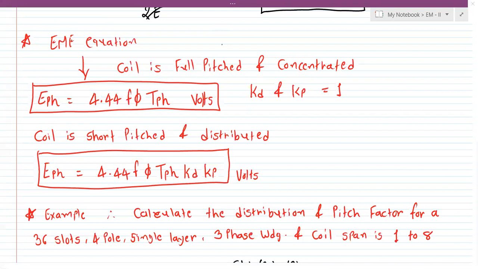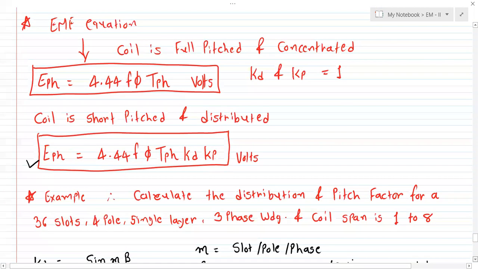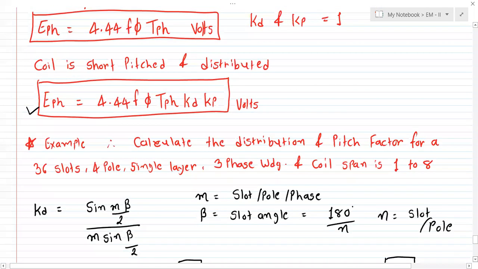We multiply the generalized EMF equation by the distribution factor and pitch factor, Kp and Kd. So the final equation of the EMF per phase is 4.44 F phi TPH into Kd into Kp. And then we will learn one example.